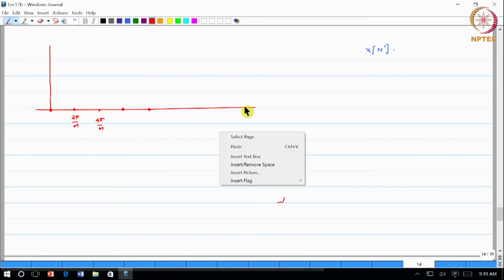So, I basically have 8 points, and the last one is 14 pi over 8. Now, supposing I had a signal representing a tone in between 2 pi over m and 6 pi over m. Take its DFT and see what you will get.